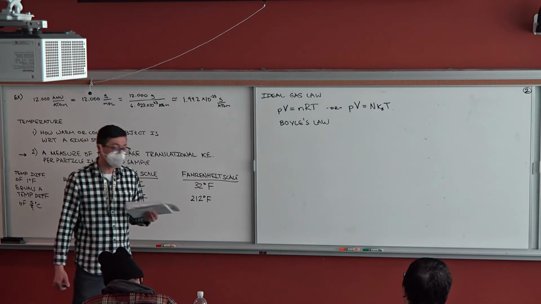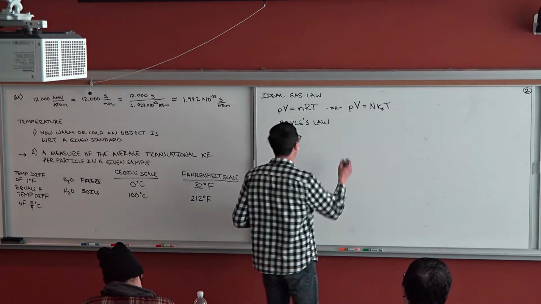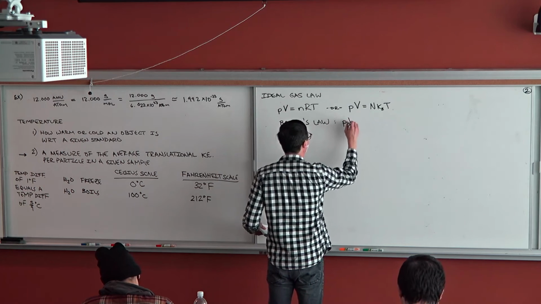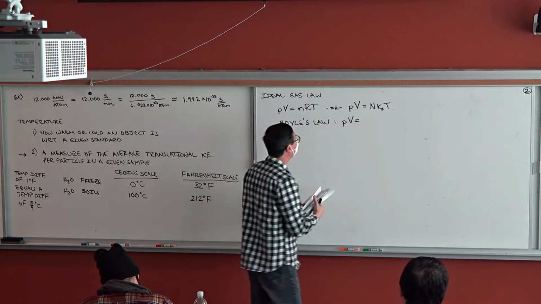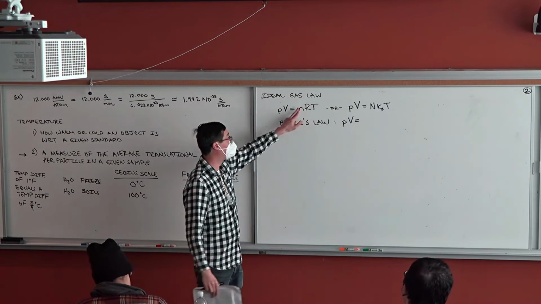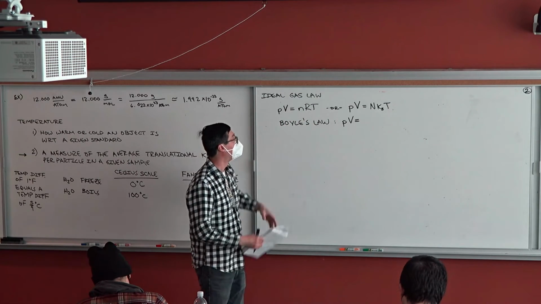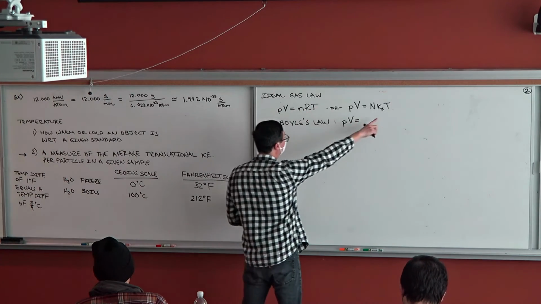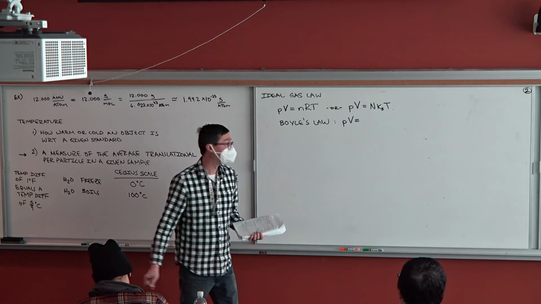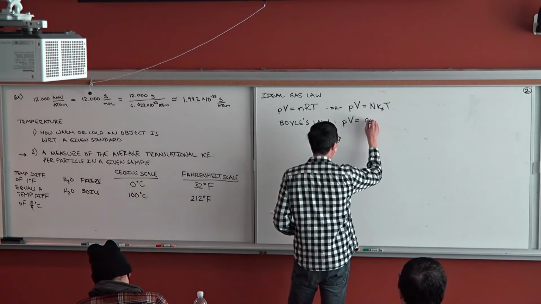Constant temperature. We fixed the temperature. And so in that case, and in all of these, I'm going to assume that we're not letting gas into or out of the system. And so in that case, the whole right side of either of these equations is held fixed. And so PV is a constant.